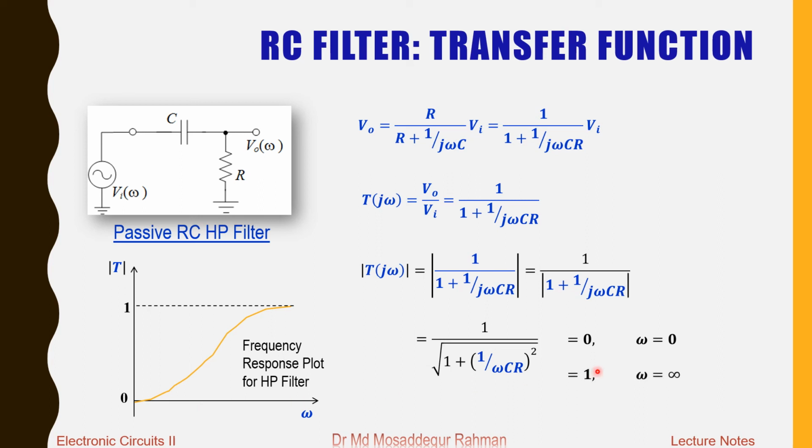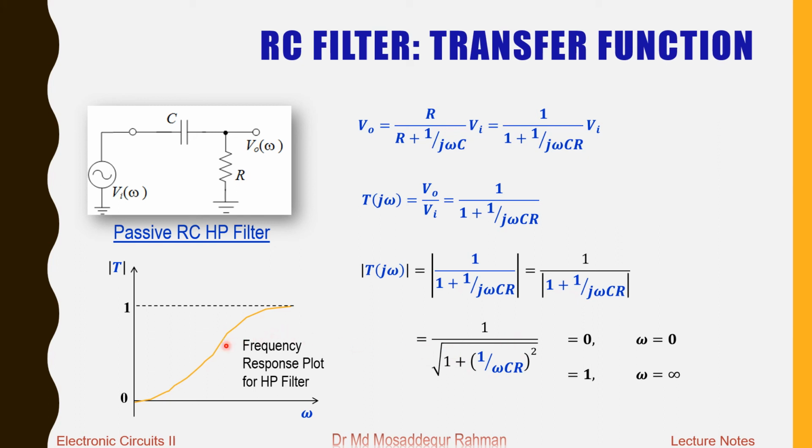And if frequency is infinity, when frequency approaches infinity or very high, so this 1 over, here you have infinity and this becomes 0. So this part becomes 0, so you have 1. So 1 over 1, it becomes 1. So at very high or infinite frequency, the magnitude of this expression will be 1, or it will approach 1 at very high frequency.